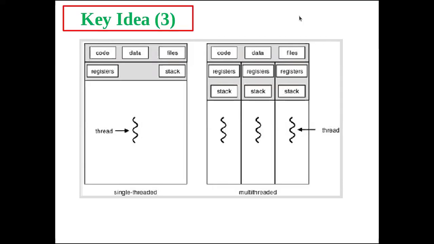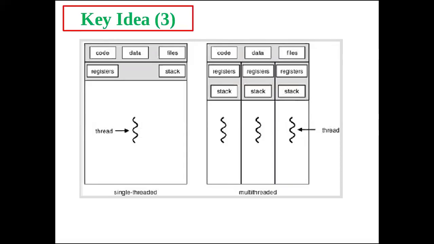So if I talk about the left side, the single-threaded process, this represents a single-threaded process like what we see towards this left side. What do you see here? There is one code section, one data section, one file section. Okay, as there is no data section, there is no file section per se, but let us imagine this as a box perspective.